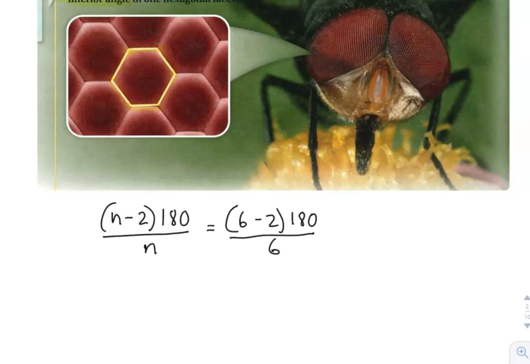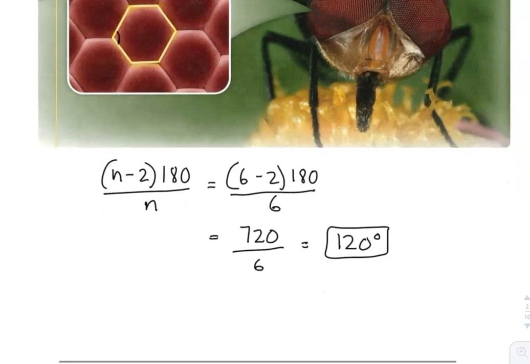So 6 minus 2 is 4. 4 times 180 is 720. Divide that by 6. Each angle is 120 degrees. Looking at this, if it looks more or less like a regular hexagon, that looks reasonable, right? It's greater than 90 degrees, but less than 180.